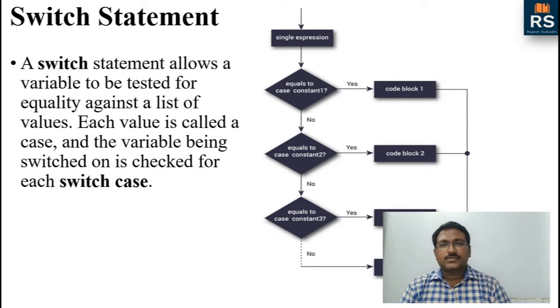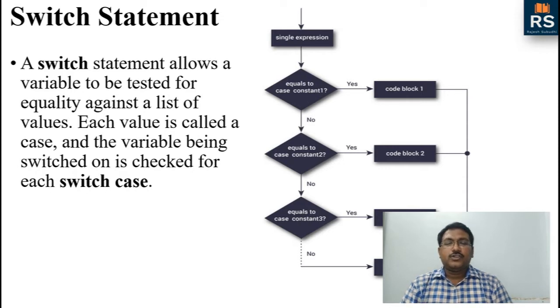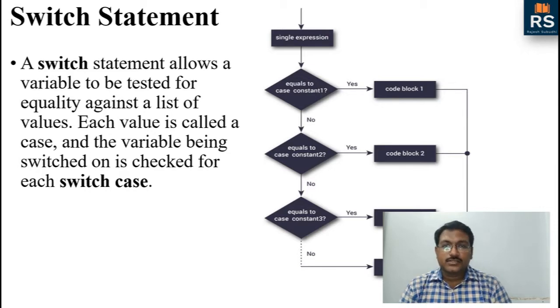So what is the switch statement? The switch statement allows a variable to be tested for equality against a list of values. Each value is called a case, and the variable being switched is checked for each switch case. We will see how it is written and what a case is. Coming to the flow chart, as I told you, there will be a single expression in the switch.